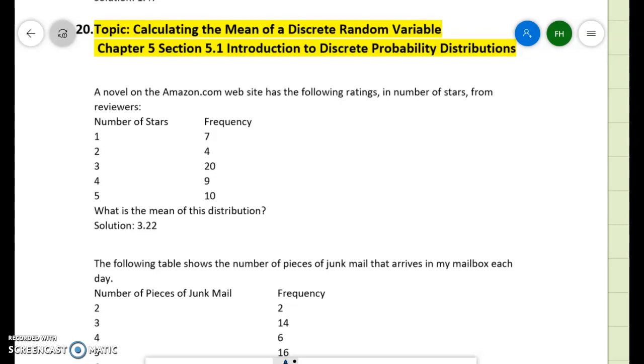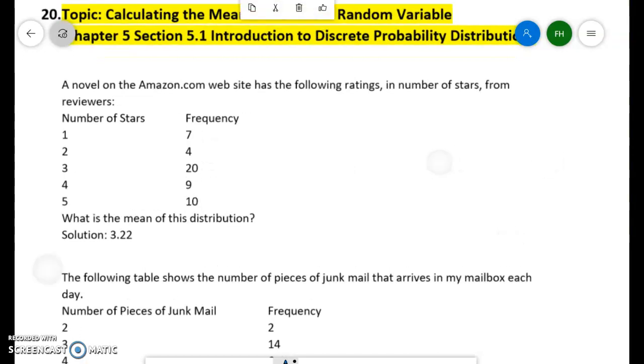Okay, so for the mean of this distribution, there's an easy way to work this. Instead of using the formula, you have 7 numbers that have a 1-star rating. So instead of adding up 1 seven times, you can multiply 1 by 7. For the second one, the same thing.